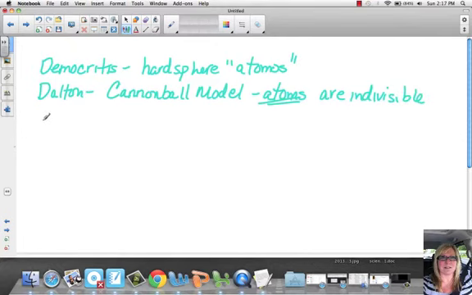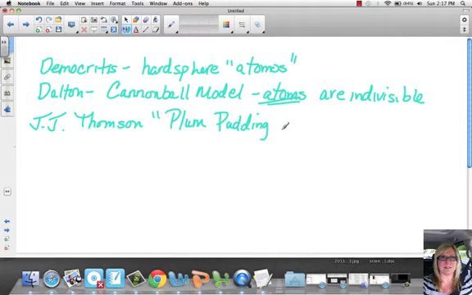Then we have J.J. Thomson, with the plum pudding model. And he used the cathode ray tube and found out that electrons were negative.